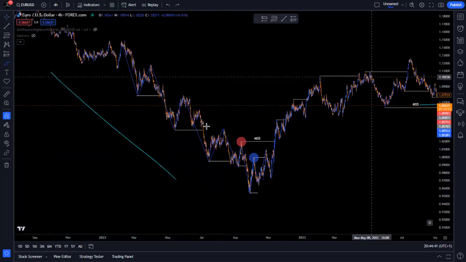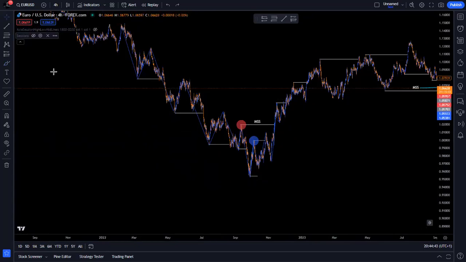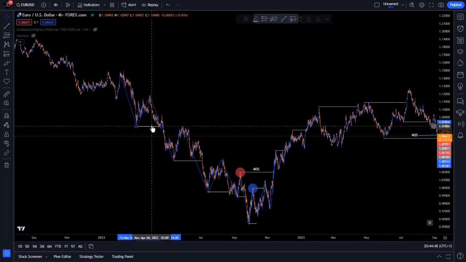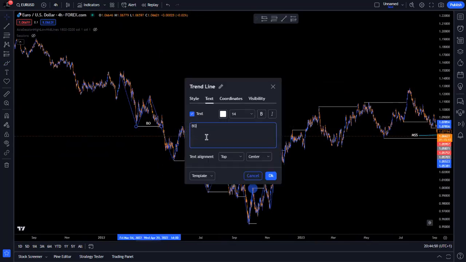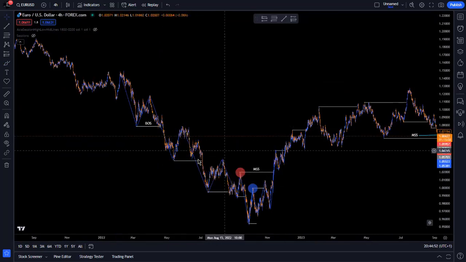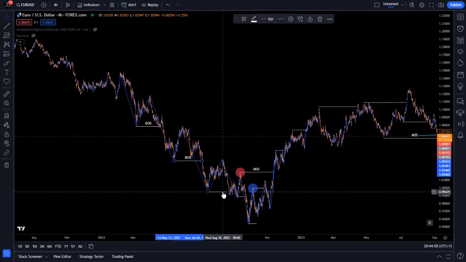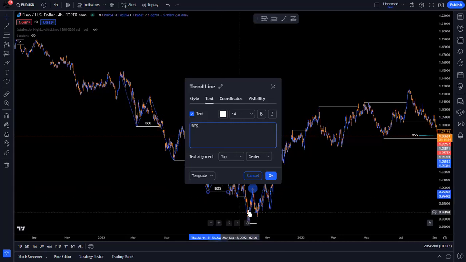All right. So what I want you to do is highlight for me the break of structure. You're going to come here, put BOS, just like this. You're going to show me where the break of structure actually happened.